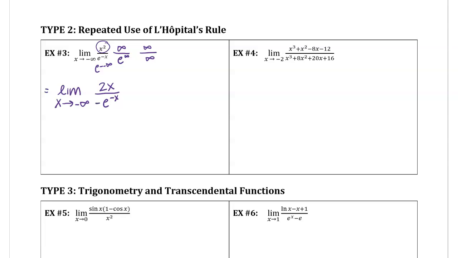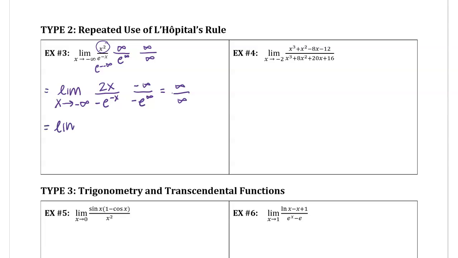Well, this is -infinity over negative e to the negative negative infinity, which is negative e to the infinity. So this is essentially infinity over infinity because the negatives will cancel. So we get to take the derivative again.